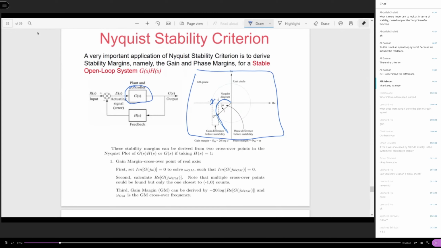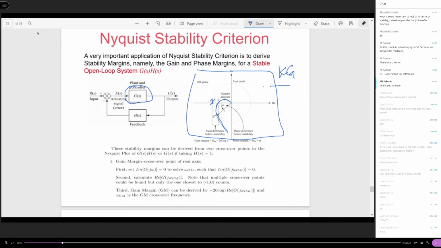When you change the magnitude, the plot is going to expand or shrink. For example, if you apply a gain k to it, it depends on whether k is larger than 1 or less than 1, then you're going to expand or shrink the magnitude.